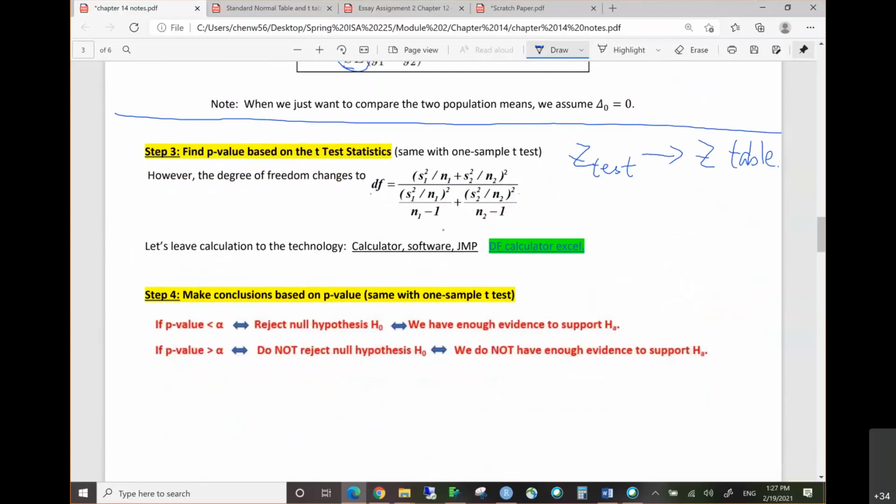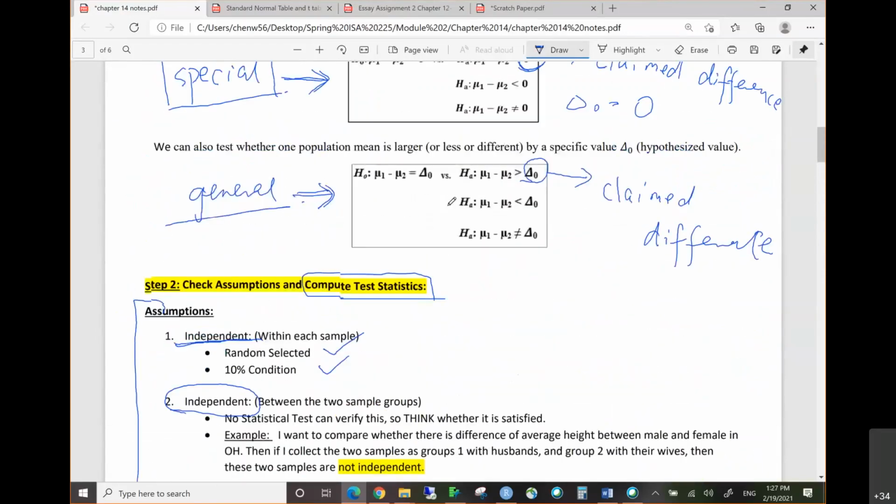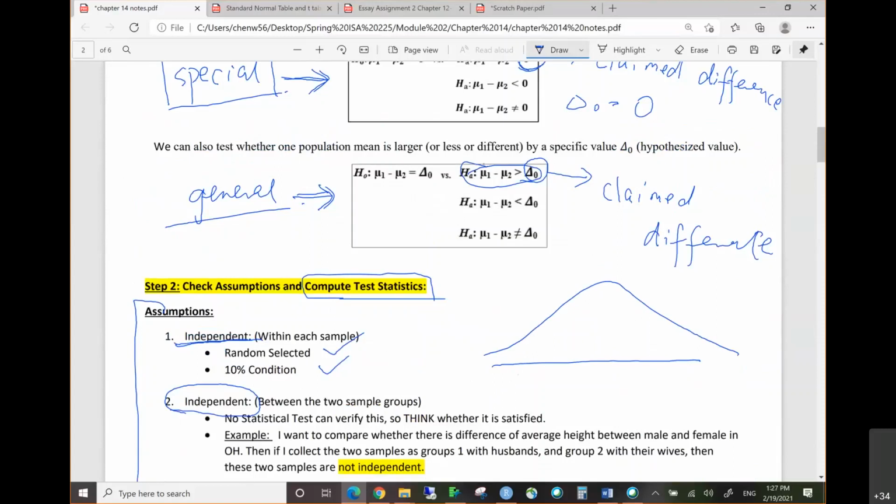So if your alternative hypothesis is a right-tail hypothesis, larger than the claimed difference, then what will be your p-value with your z-test statistic?